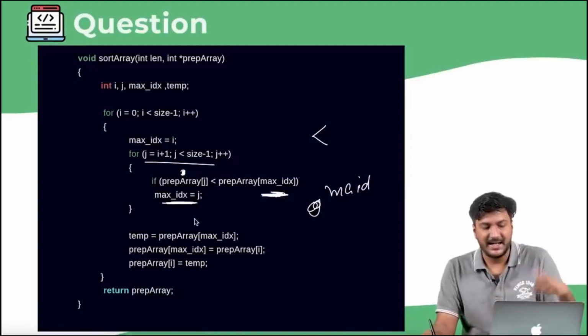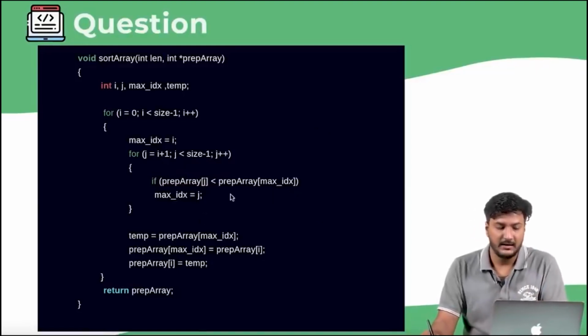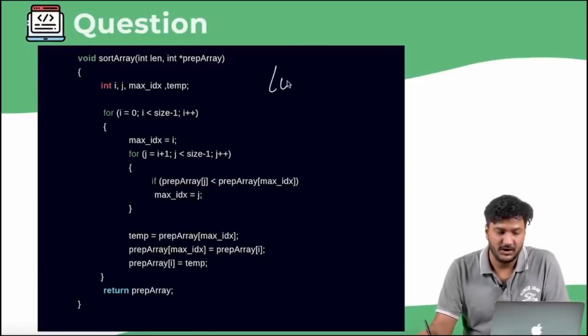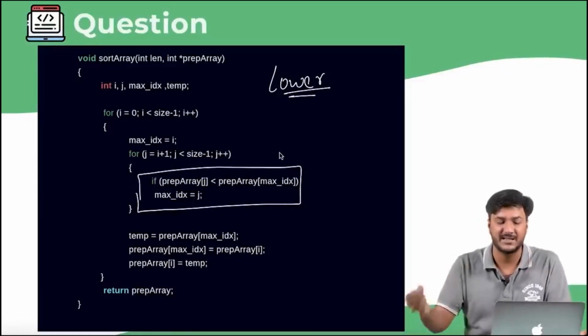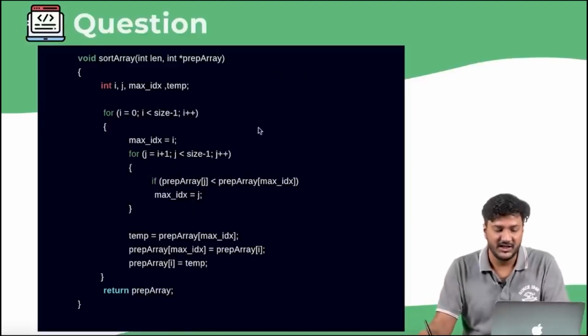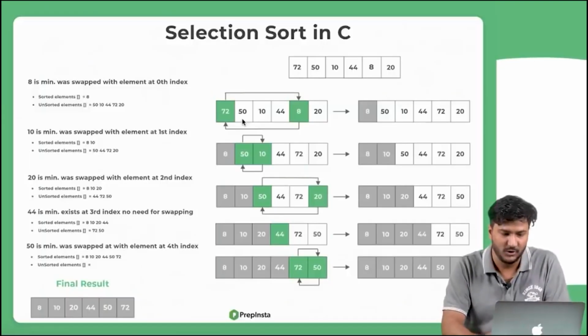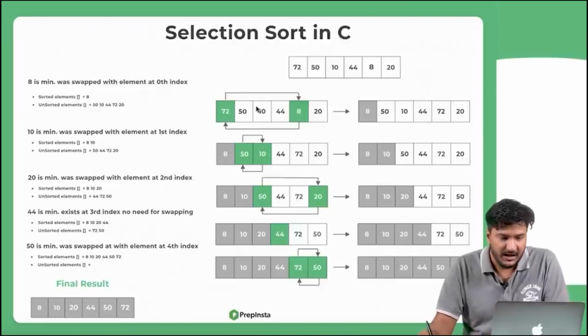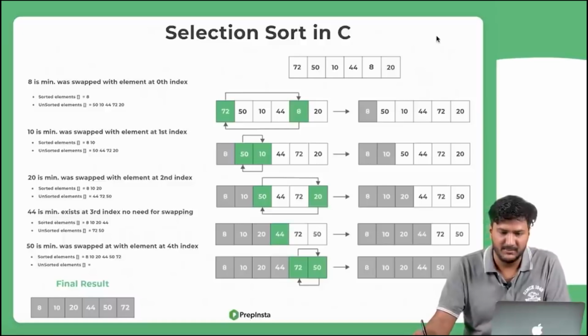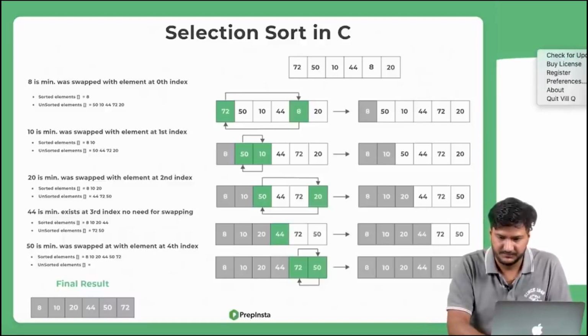So you are basically trying to find the lower value in these particular lines. You should not be doing that. Rather than that, you are supposed to find the maximum value. Here I'm supposed to find the minimum value. Just give me a second.